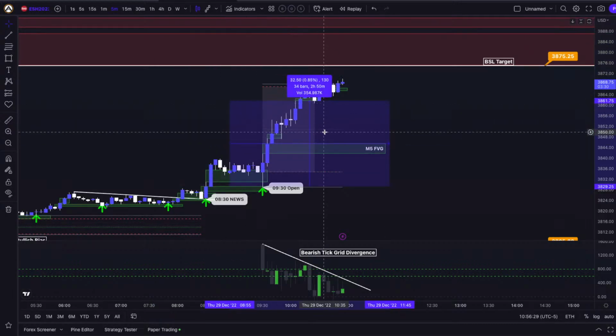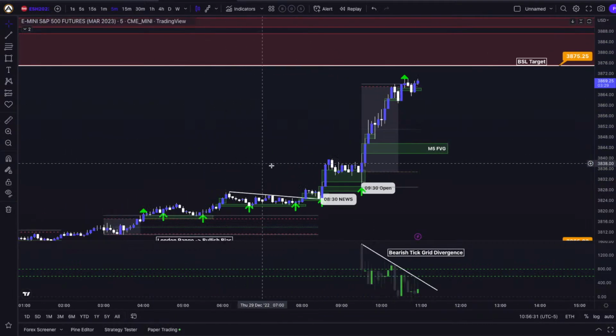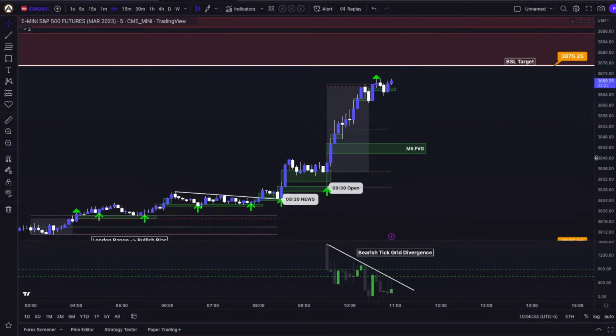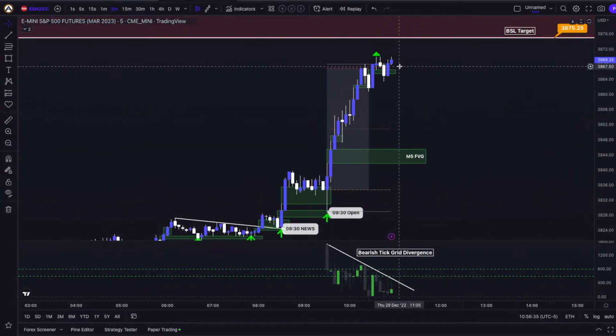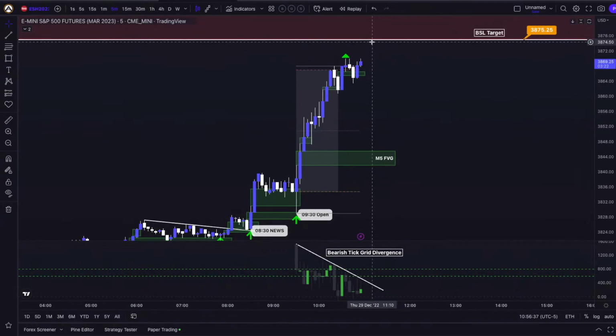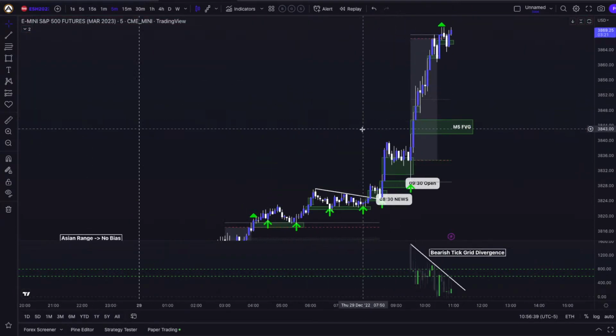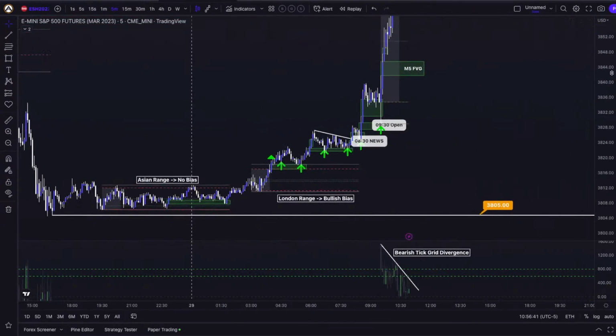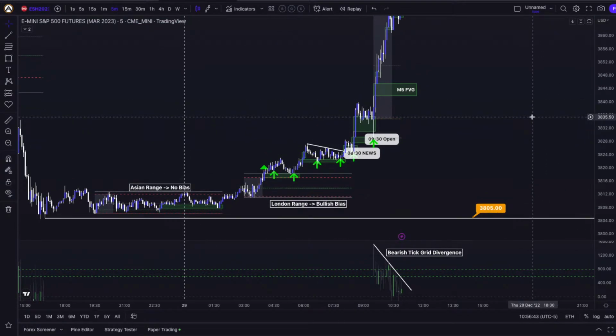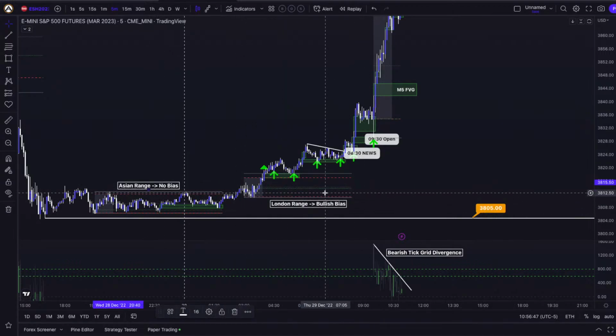All right, so where do we stop here? So we still have the sparse divergence. We're closing higher and higher. Very likely to take out our buy side liquidity target. And today was a very beautiful day for the end of this year, basically, with a beautiful overnight range, bullish bias, after which you could have entered over here, for example, this here, here, here.